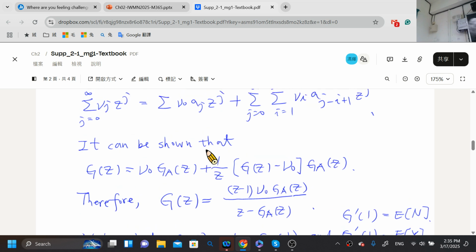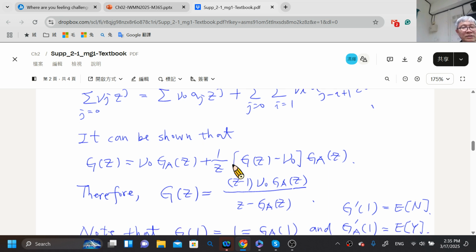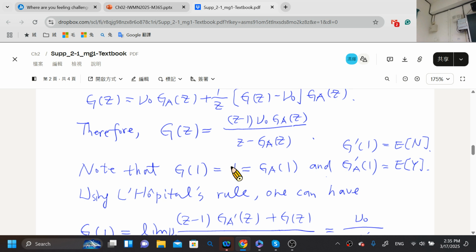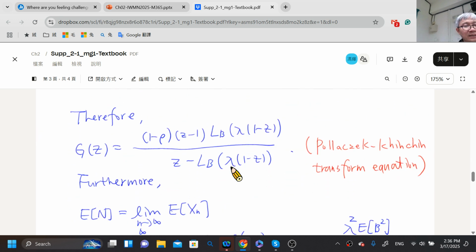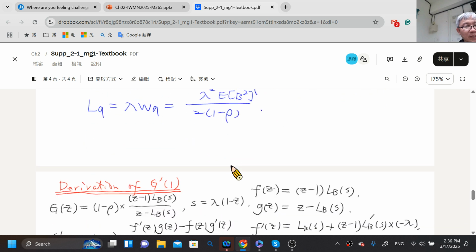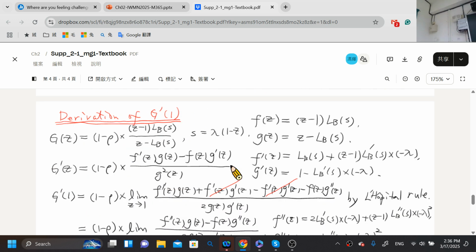And also based on the Z transform, we can use the transform equation. Based on the transform equation, we can find the new system size. But to find the new system size, we need to get the transform, take the derivative and set z equal to 1 so that we have the result.